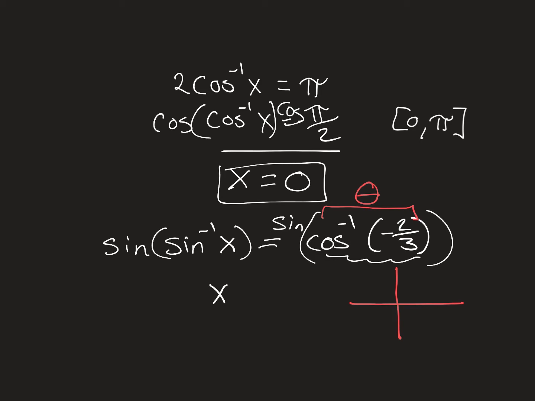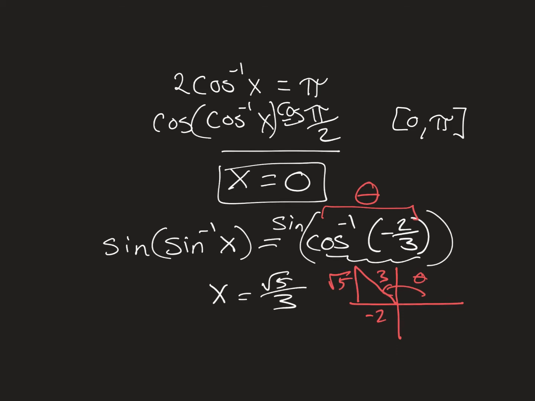If I'm inputting a negative ratio into inverse cosine, I'm going to be in quadrant 2. So negative 2/3, and the y coordinate using the Pythagorean theorem will be the square root of 9 minus 4, which is root 5. So going back to the problem, I've got x equals sine of this angle, and looking at my triangle, sine of this angle is root 5 over 3.